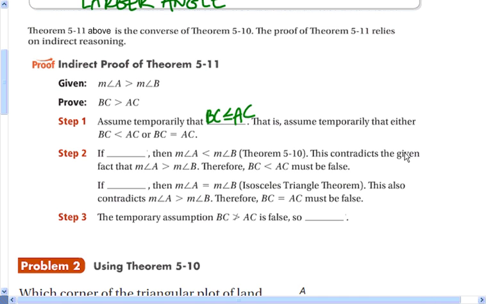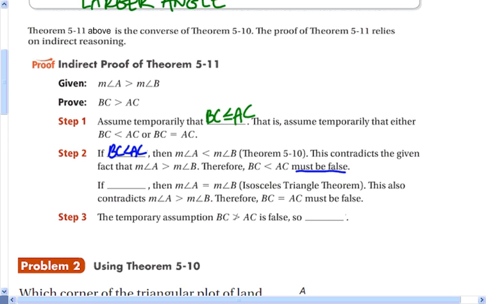All right, let's look at the first possibility. If BC is less than AC, then the measure of angle A is less than the measure of angle B by theorem 5-10. This contradicts the given fact that the measure of angle A is greater than the measure of angle B. Therefore, BC less than AC must be false.